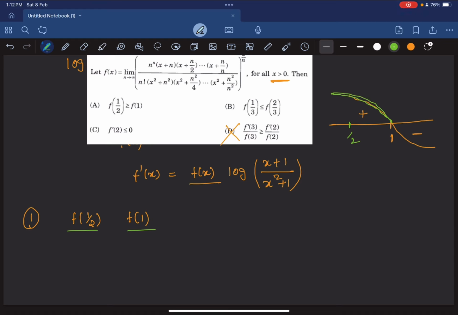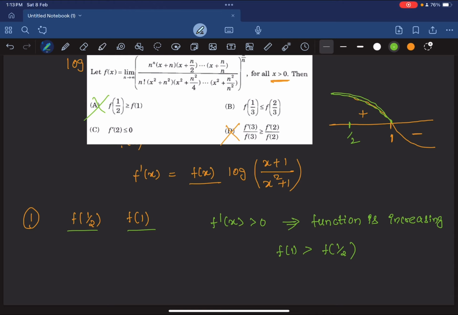In this region, f'(x) is positive. What does this imply? If f'(x) is positive, that means the function is increasing. If the function is increasing, f(1) will be greater than f(1/2). But that is not what is given in the option. So option A is incorrect.